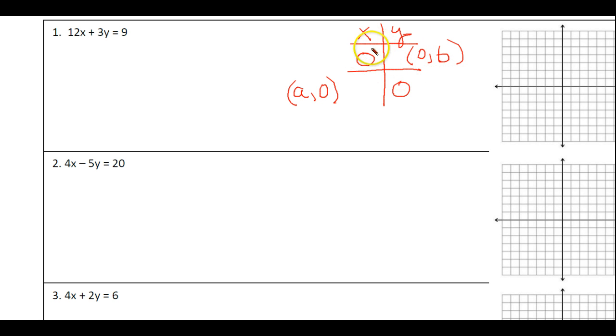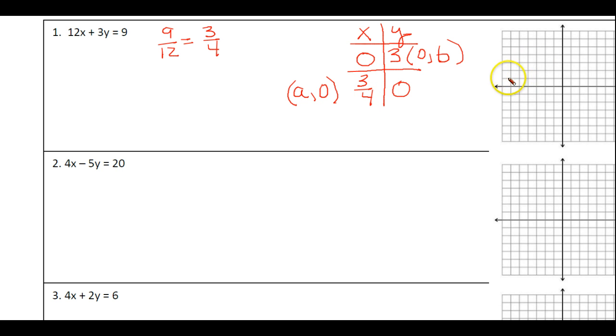So let's do that. We're going to put a 0 where the X is. So this becomes 0. Divide both sides by 3. Y equals 3. And then here, if Y is 0, 12, divide both sides by 12, we're going to get 9 twelfths, which is 3/4, which we'll just put there as 3/4.